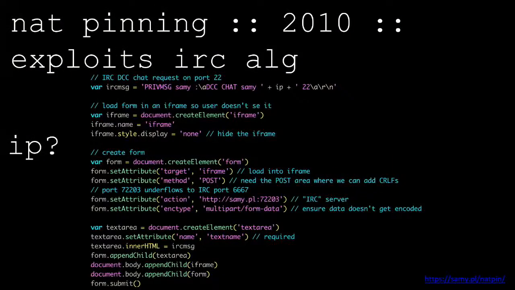So if your application level gateway is looking at this and says, oh, I'm looking at FTP, or maybe I'm looking at IRC, I can create a form. We can create a form in JavaScript, generated and added to a page. We then connect to our port 72203, which gets overflowed by our IP stack and turns into 6667.